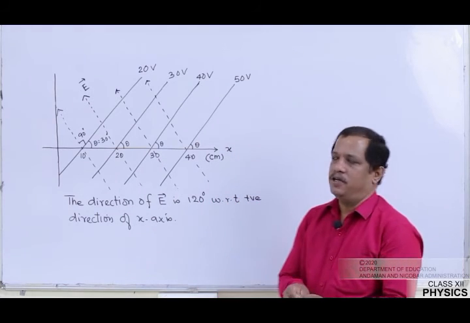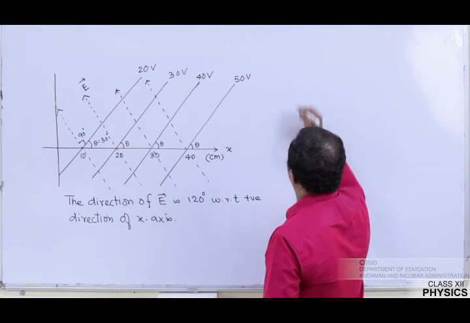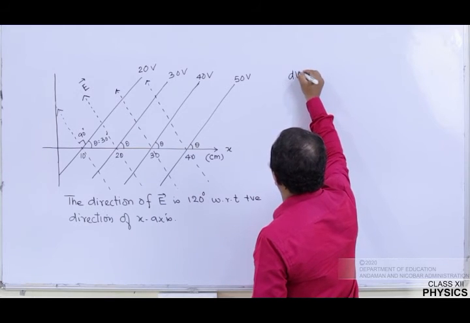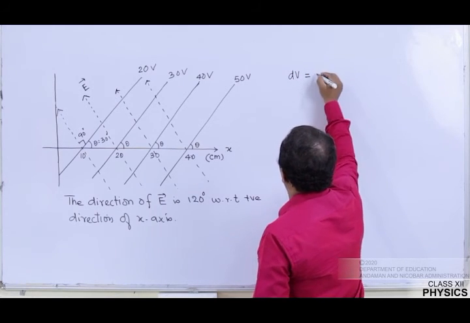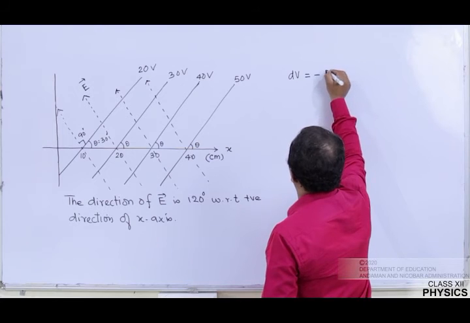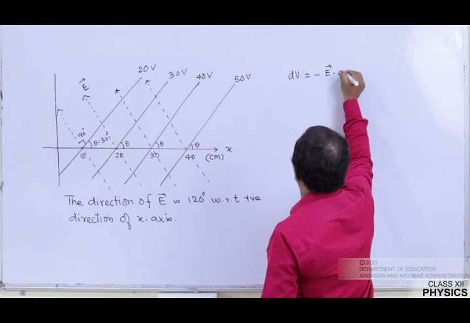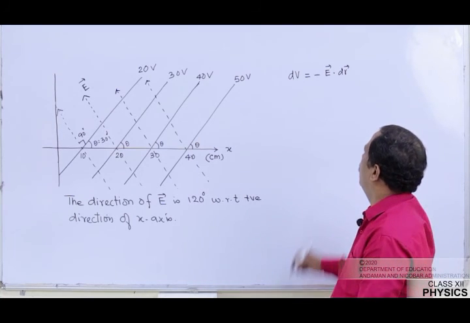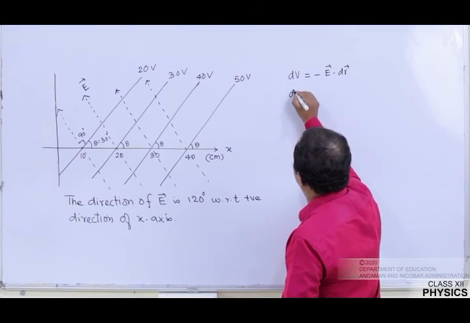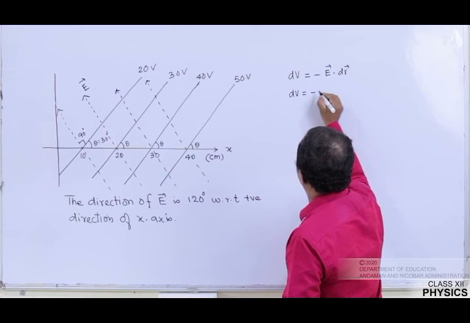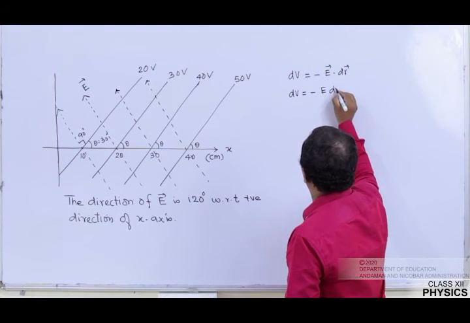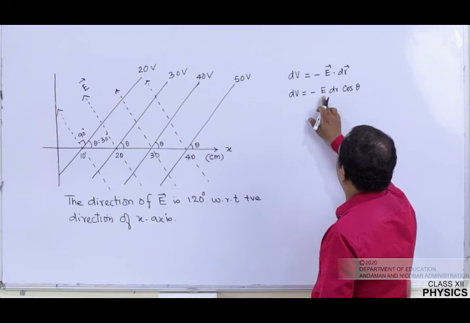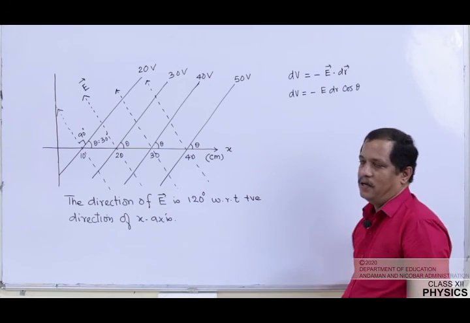To calculate the magnitude, we must keep in mind the expression we have already studied: dV is equal to minus E dot dr, or else I can write dV is equal to minus E dr cos theta, where theta is the angle between E and dr, the displacement.